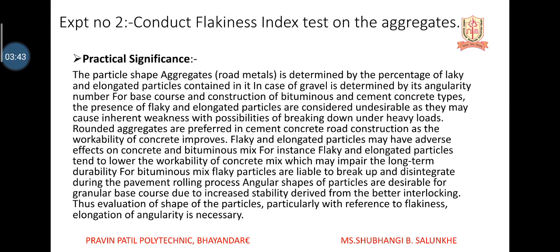Thus, the evaluation of the shape of the particles, particularly with reference to flakiness, elongation and angularity, is necessary. Whatever type of aggregate we choose for a different type of road, we should study the shape and size, so that we get to know whether that aggregate is suitable for a road or not.